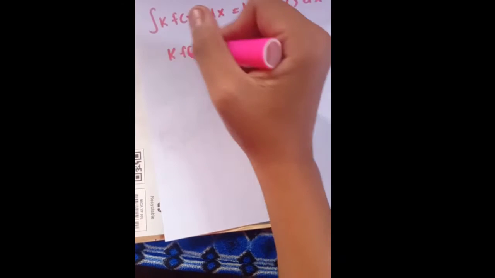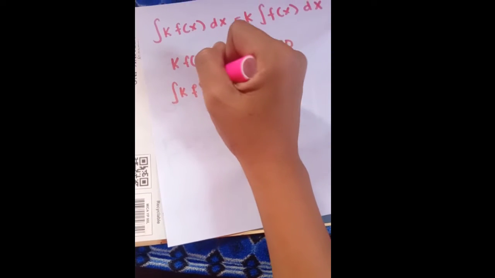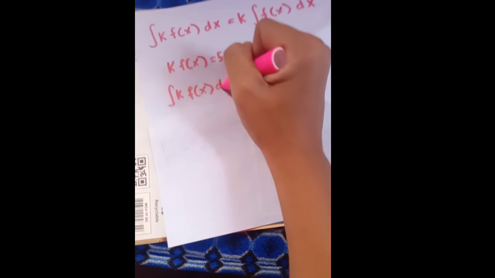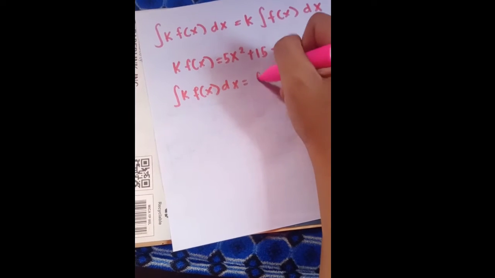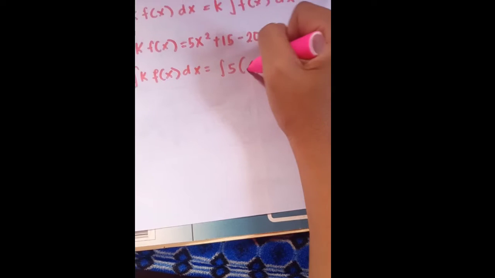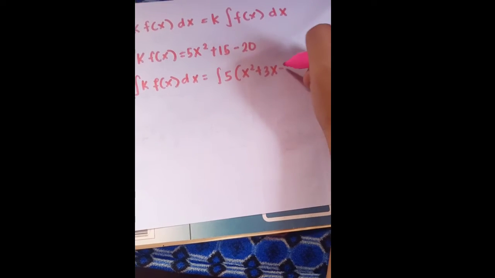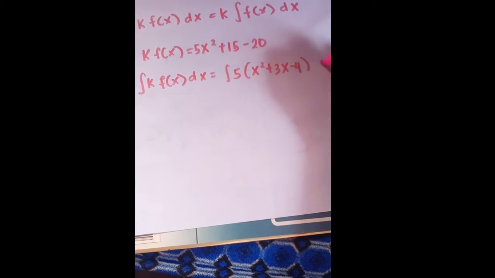We have here the integral of k f of x dx is equal to the integral of 5x squared plus 15x minus 20 dx.